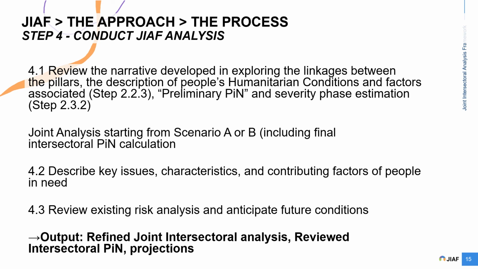Finally, review existing risk analysis and anticipate future conditions. The output of this step 4 on the joint analysis is a refined joint intersectoral analysis narrative, a reviewed intersectoral PIN, and projection that can be used for the planning phase.